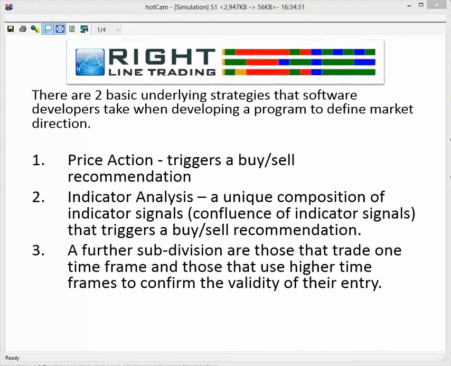The other is indicator analysis, where a unique composition of indicator signals, i.e. some confluence of indicator signals, is going to give you, say, a blue dot buy or a red dot sell with a certain sensitivity and specificity, which equals some predictive value. A further subdivision are those that trade one time frame and those that trade multiple higher time frames to confirm the validity of the entry.